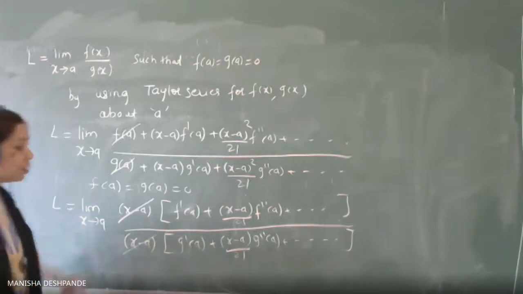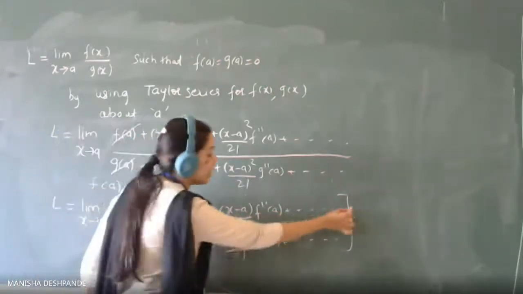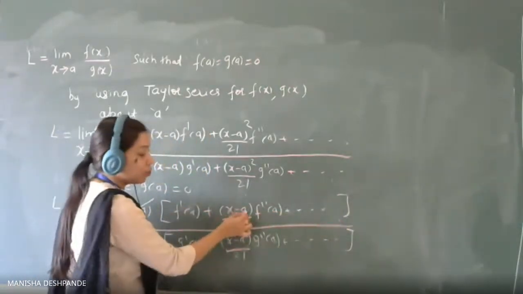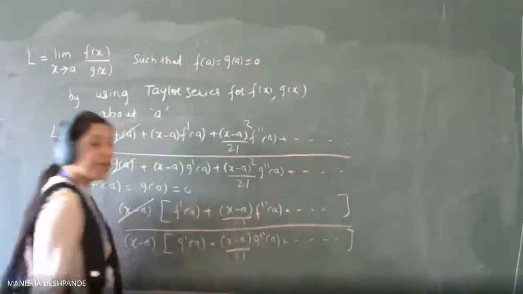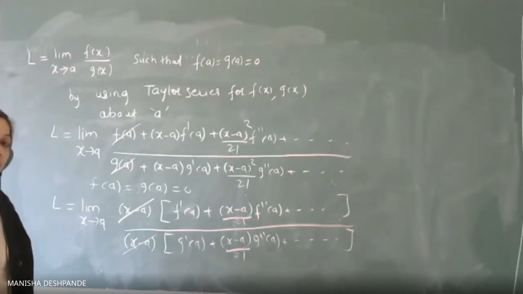Now you put the limit as x tends to a. So second term onwards, everywhere there will be x minus a. So if x is going to a, x minus a will become 0. So all the terms of second derivative onwards will become 0. Yes or no?